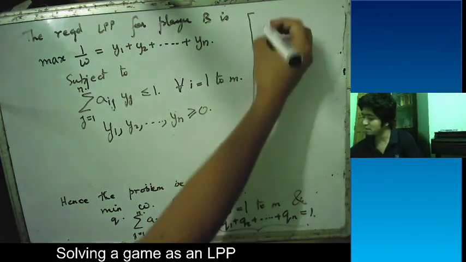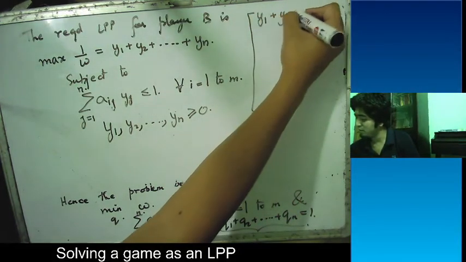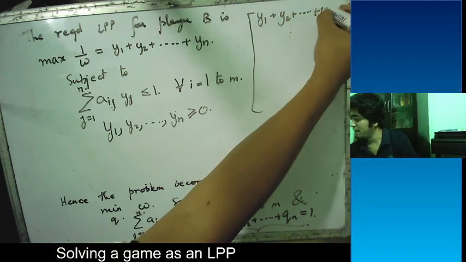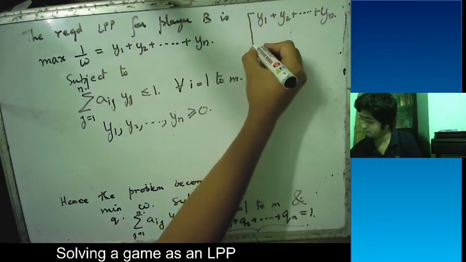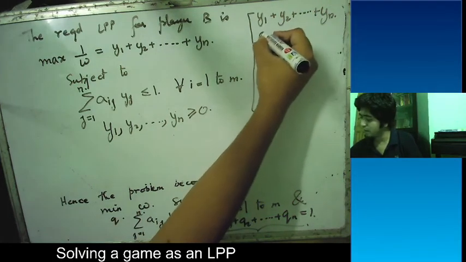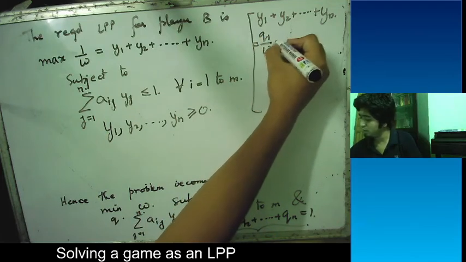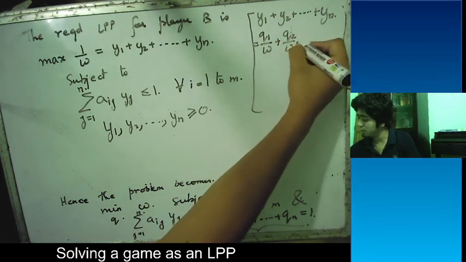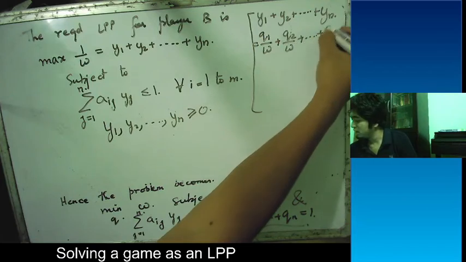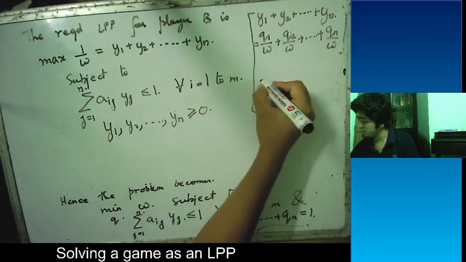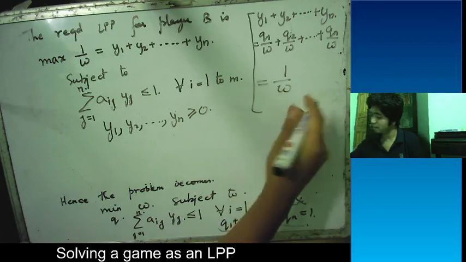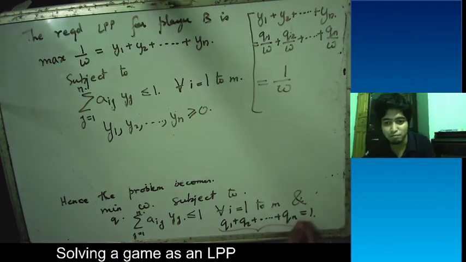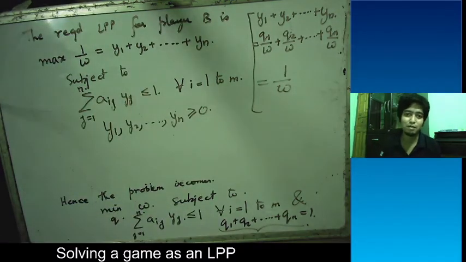You can see Y1 plus Y2 up to Yn. If you add all of them, it will be Q1 upon W plus Q2 upon W plus Qn upon W. So ultimately we will be getting 1 by W, because Q1 plus Q2 up to Qn is equal to 1. So this is the required LPP for player B.